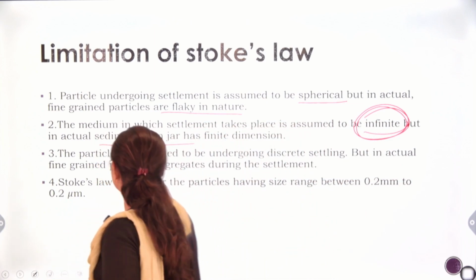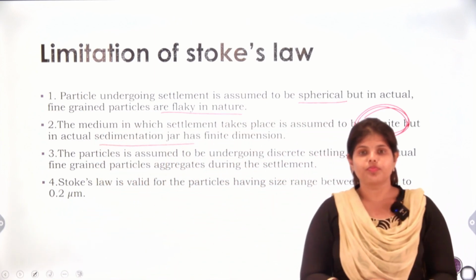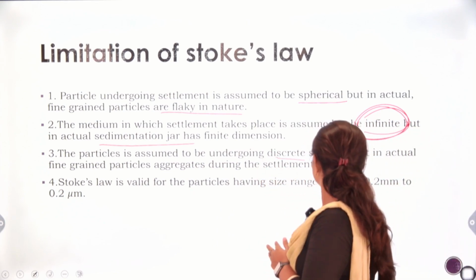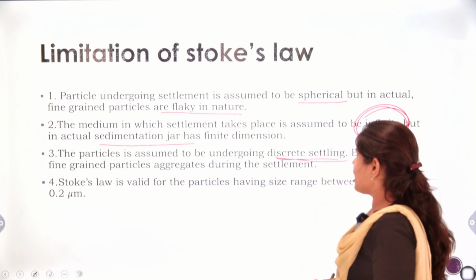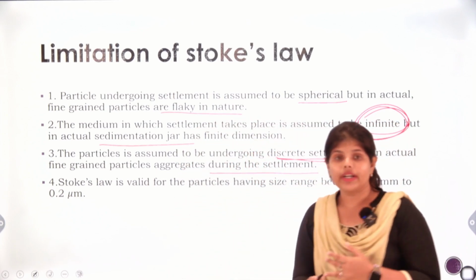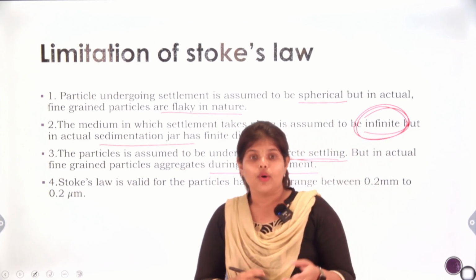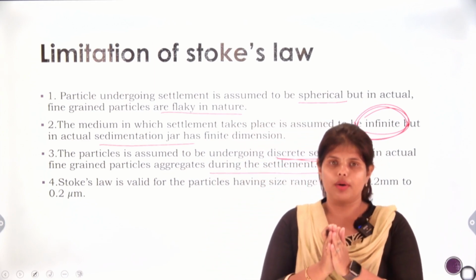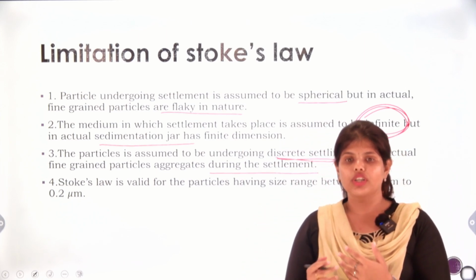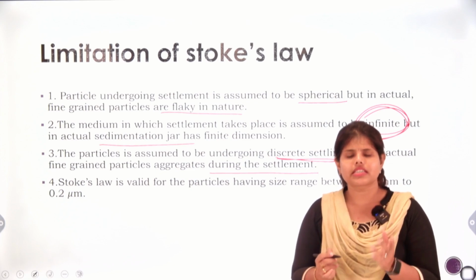Next is what? The particle is assumed to undergo discrete settling, right? But in actual, fine grained particles aggregate during the settlement. So what it says is, before the sedimentation process, the particle is assumed to undergo discrete settling. What is discrete settling?